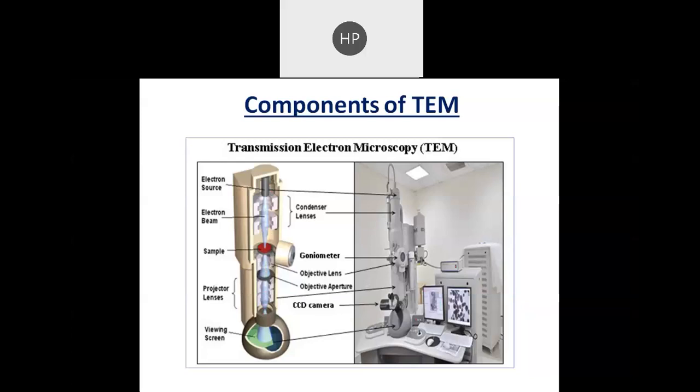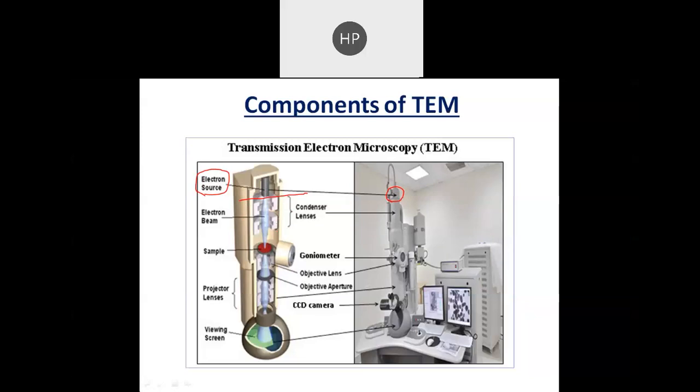First, this is the electron source. Electron source means we have an electron gun here, the topmost portion. Then this one is the condenser lenses.